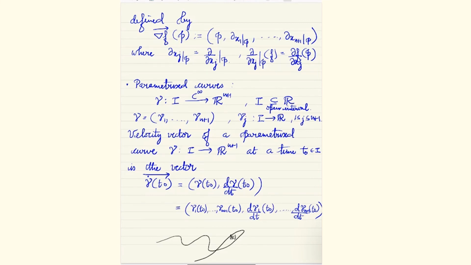Let me draw. What is the velocity vector here? Because the derivative is tangent, you should think of it like that. So this is gamma dot t, the vector. As I said, this is just classical Euclidean motion. Think of gamma t as the position of a particle at time t.